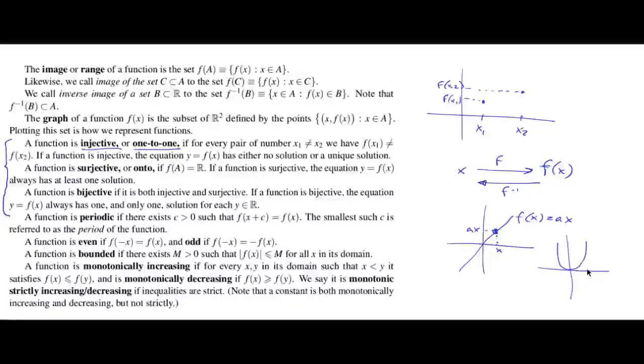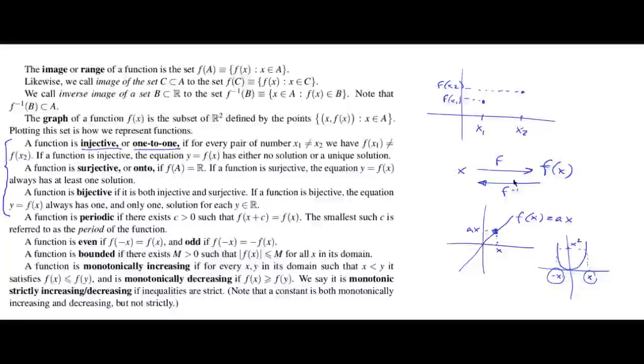this is not true. If I have this value x squared, there are two values that give me the same value x squared. You have x and you have minus x. So two possible inputs give you the same output from f. You couldn't go back to one x, you would go back to two different x's.